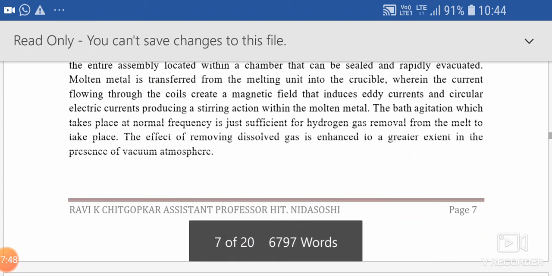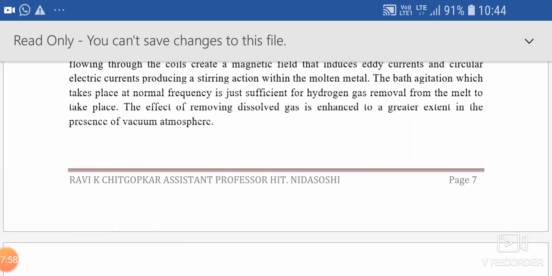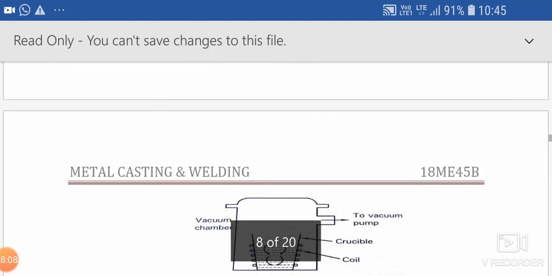The bath agitation, which takes place at normal frequency, is just sufficient for hydrogen gas removal from the melt. The effectiveness of removing dissolved gases is enhanced to a greater extent in the presence of a vacuum atmosphere.